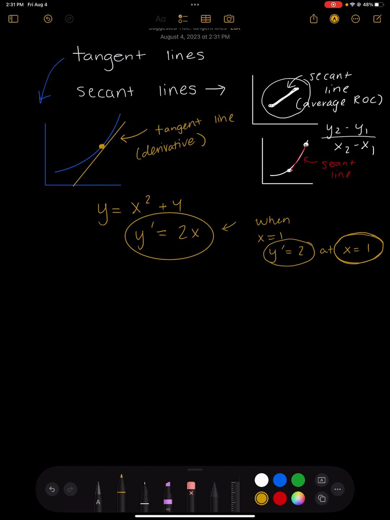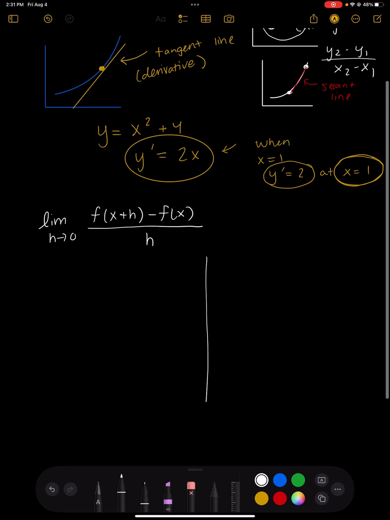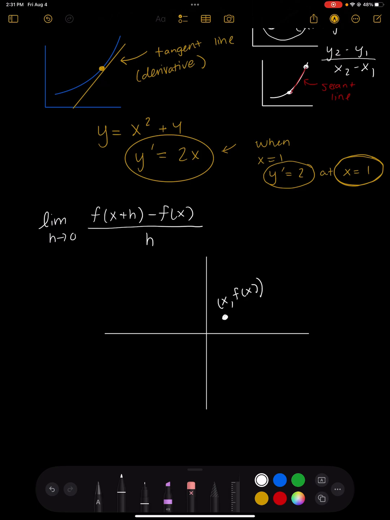Now, where this comes into the limit definition. So the limit definition of a derivative is this. And this just comes from essentially finding the slope. So if you were to have a graph and you have 1 point, any point, we're going to use variables, x, then its y value would be f of x, of course, because the y value is always f of whatever the x value is.